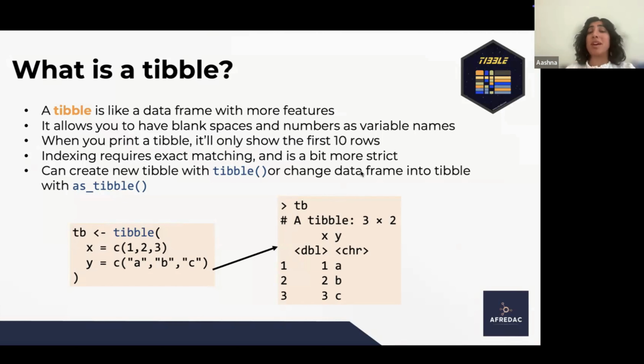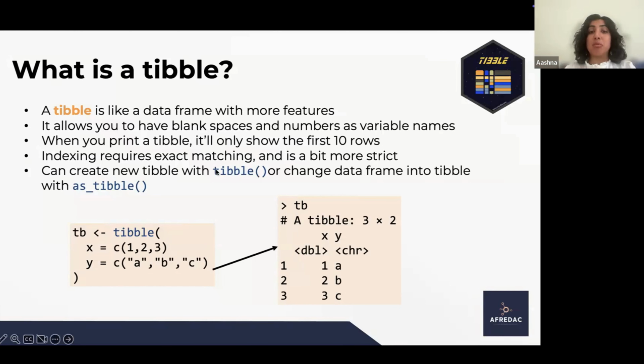Tibbles are also nice because by default, if you print a data set, it'll try to print the entire thing in your console, but a tibble will only ever show a snippet, the first 10 rows. It is a little bit more strict than data frames in that indexing requires exact matching, meaning it won't look for similar enough columns. You'll have to call columns exactly.